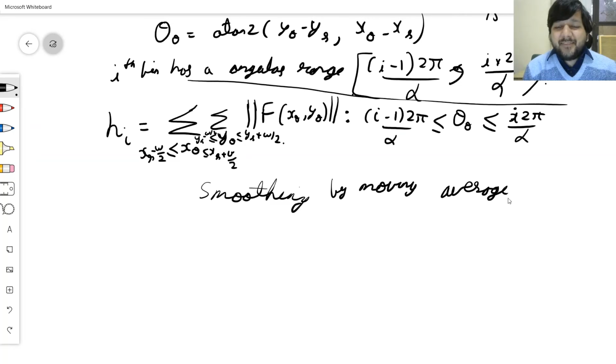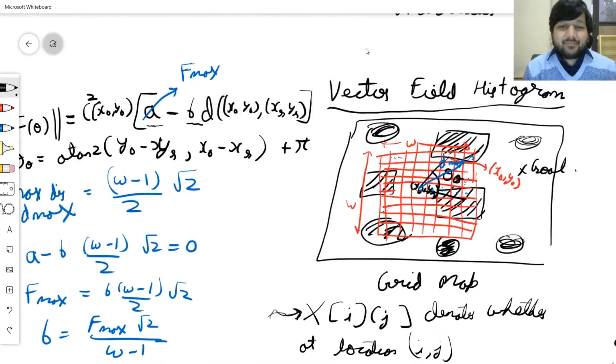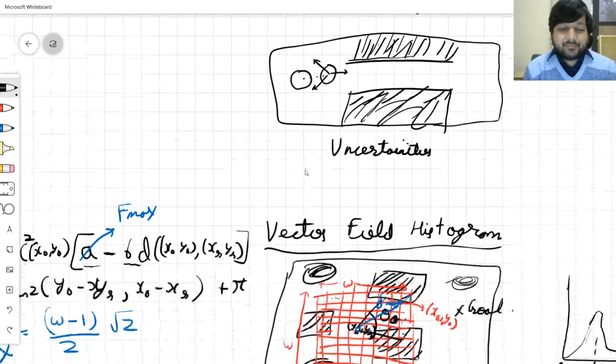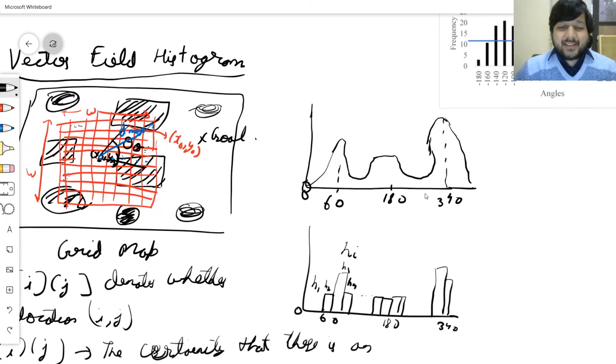Now remember, whenever I plot things like this, 0 and 360 degree are exactly the same thing. So more correctly, the obstacle density was like this.